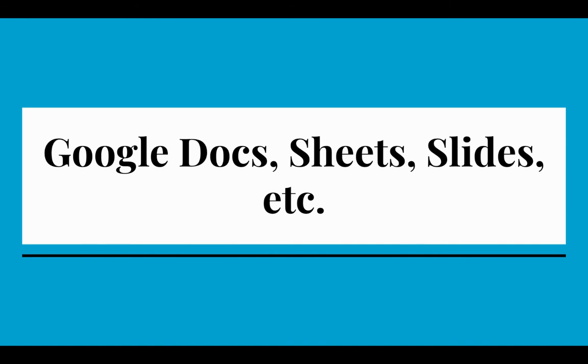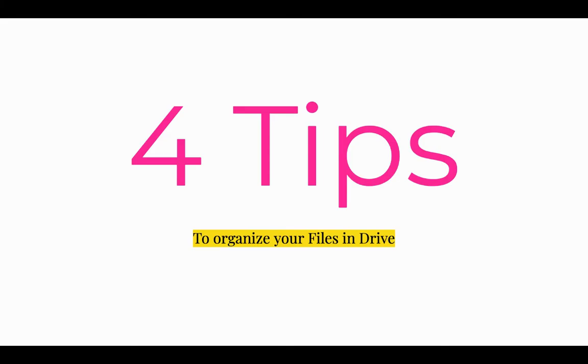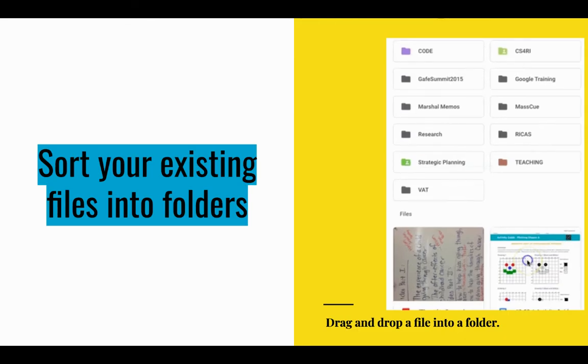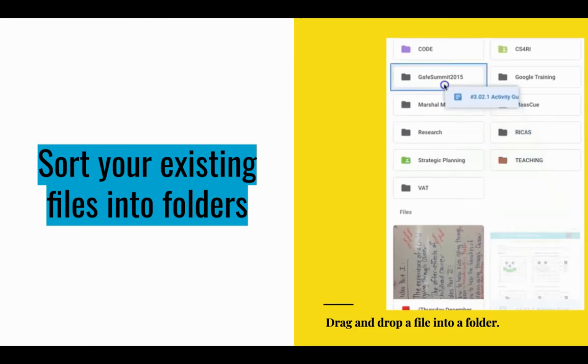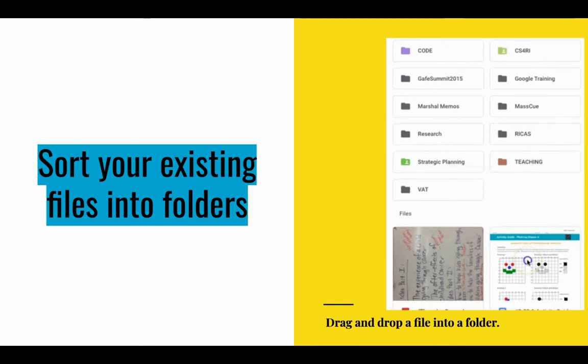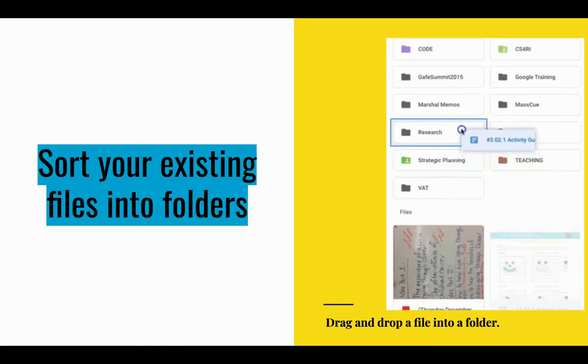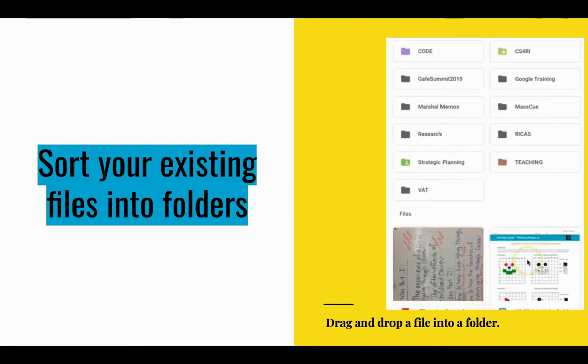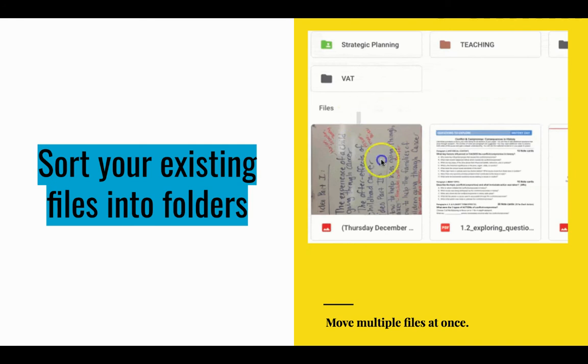Now that we've looked at folders and subfolders, let's take a look at how to organize the files in your drive. Now I'll offer you 4 tips for organizing the files within your drive. You can sort your existing files into folders right in your drive by dragging and dropping the files into a folder, selecting multiple files at once to drag into a folder.